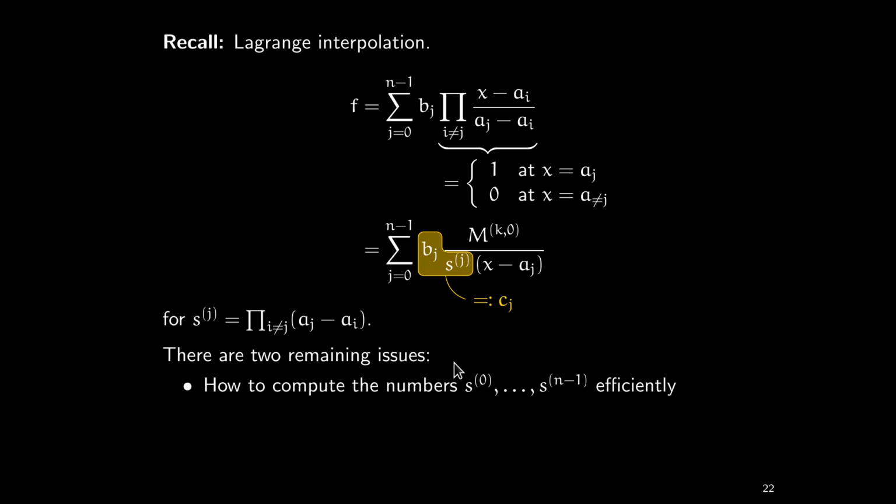So if I do it according to the formula directly, naively, then that would be quadratic time, and we don't have so much time. That's one thing. And the other thing is that if I have these s's computed and then merge them with the b's to obtain the c's, then I have to find a way to compute these linear combinations efficiently.